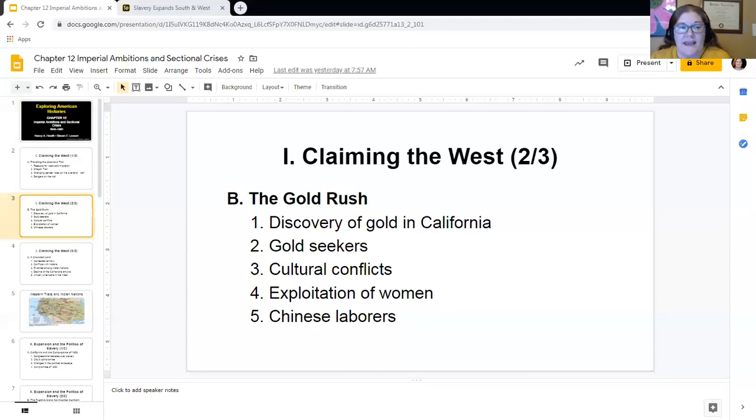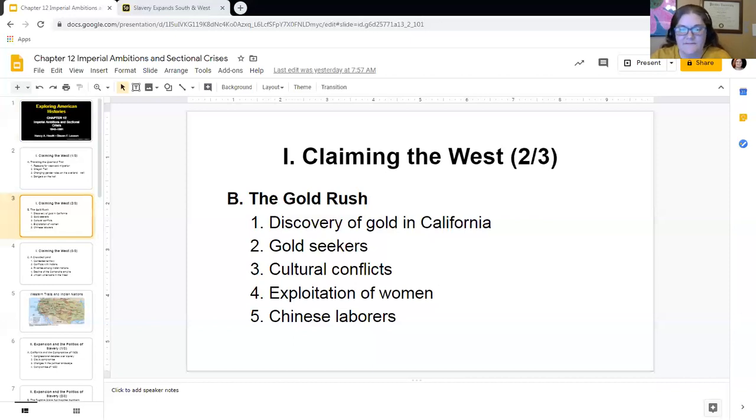In 1848, gold was discovered in California. This, of course, resulted in a massive population boom. People from all across the United States rushed to California, to the mountains, to hopefully find gold, to extract wealth, to get rich very quickly. These people were called the 49ers, so they came pretty quickly, within just a few months of the gold being discovered.